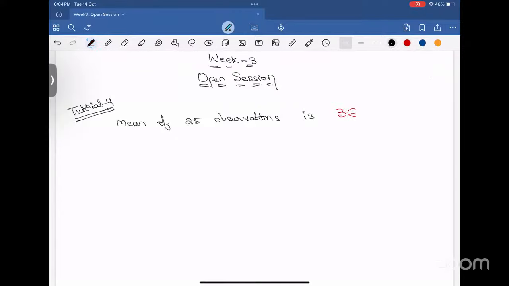Right, so this is all the observations mean. And the next information that is given to us is mean of the first 13 observations is 32.